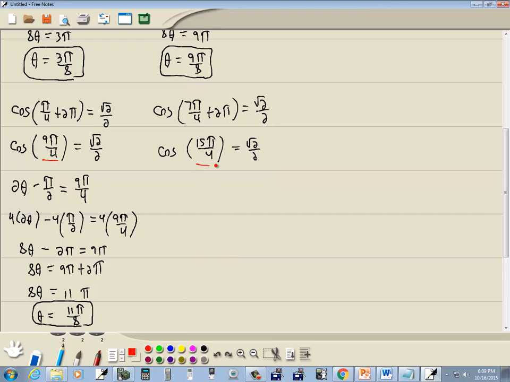We'll take what follows cosine up above, which is 2 theta minus pi over 2, and we'll set it equal to what follows cosine here. So I got 2 theta minus pi over 2 is equal to 15 pi over 4. When I get rid of the fractions, we'll multiply everything by 4. So 4 times 2 theta minus 4 times pi over 2 is equal to 4 times 15 pi over 4.